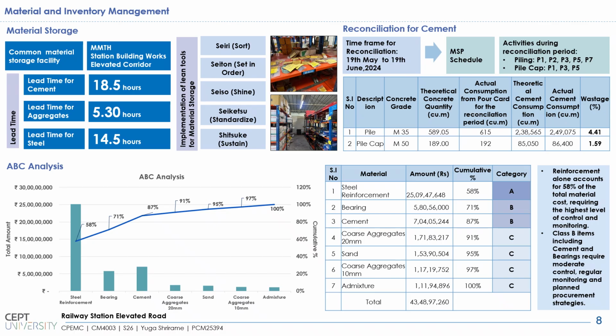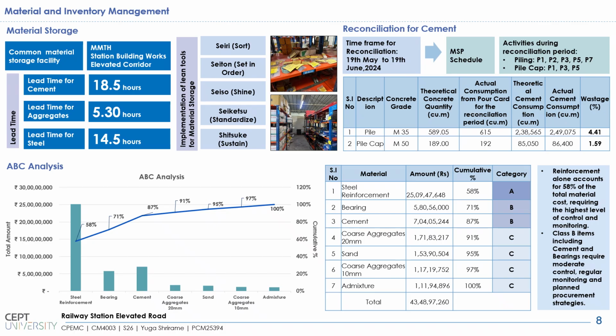Among all the materials, for better control, the analysis found that reinforcement alone accounted for around 58% of the total material cost, due to which it requires the highest level of control and monitoring. It is followed by bearings and cement, which fall under the B part of the ABC analysis, requiring moderate control and monitoring, and accordingly planned procurement strategies for these materials should be executed.